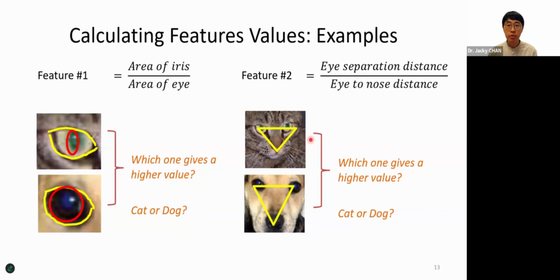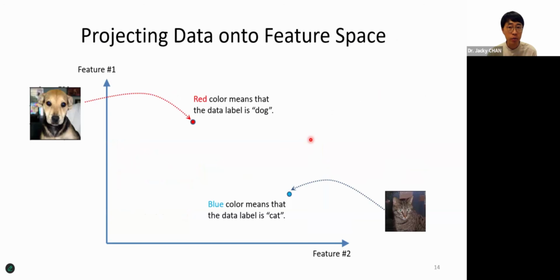I try to put these feature values on a 2D coordinate plane. The y-axis is feature 1, and the x-axis is feature 2. For a dog, which is this one, I use a red color for the dog image.